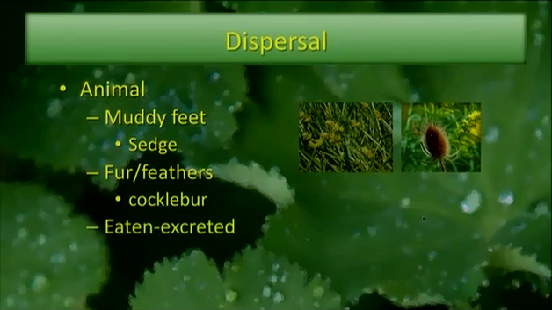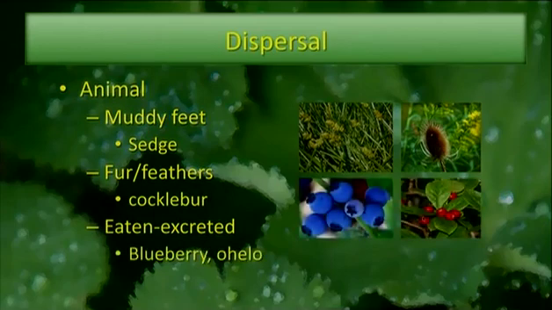And the third way that dispersal happens through animals is that generally the fruit or seeds are eaten and excreted. Some examples of that are blueberries, which is a berry, and ohelo, which is also a berry.